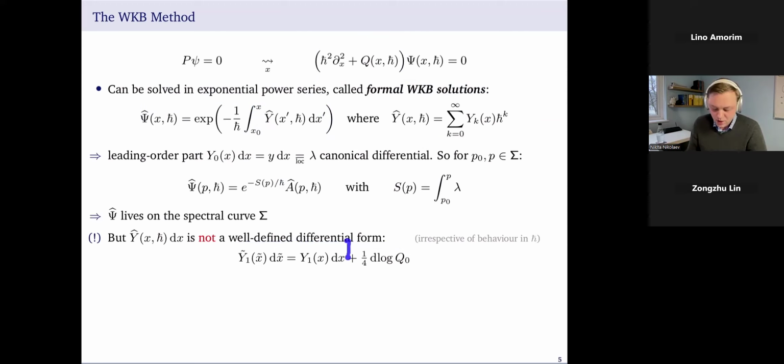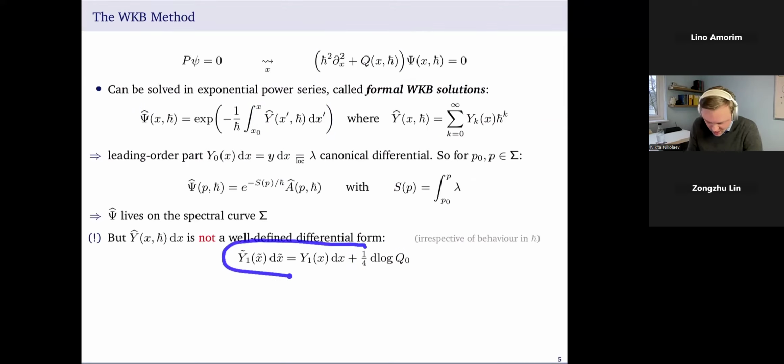Because if it were a differential form, I would just have this part of the transformation law. But there is a discrepancy, which depends on Q naught, or the logarithmic derivative of Q naught. So y hat dx is not a differential form because it does not transform like one. But okay, next very simple observation.